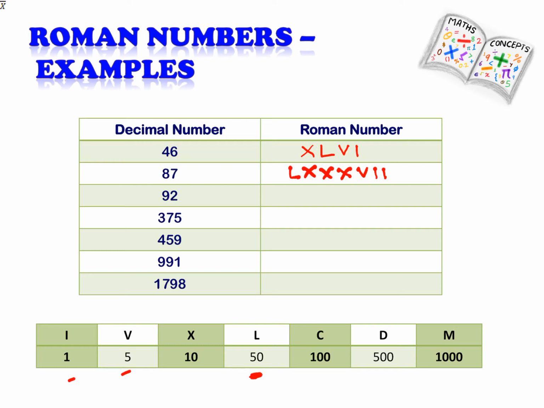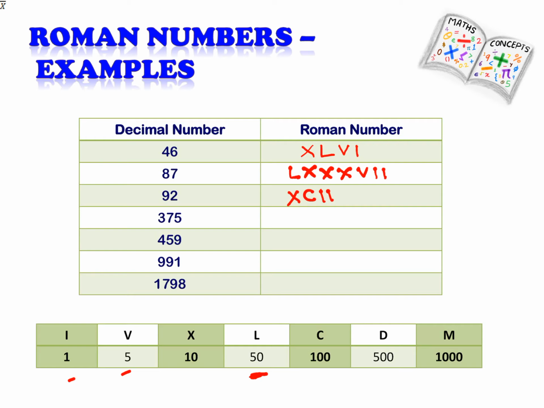Now to get 92 we cannot use L, because if we want 90 then we will have to write X 4 times, which is not possible. It does not fit in the rule. So we will use C and then we will place X before C, so that we will get 90. Okay, so XC gives us 90, and to get 2 we just repeat I twice.